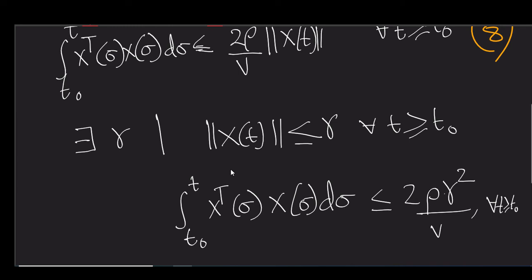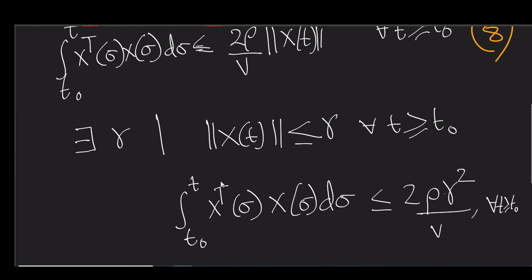Now what we need to show, as we are trying to do this proof by contradiction, is that the state equation is not uniformly stable if we prove that xt is unbounded. In order to prove that unboundedness by contradiction, we take a finite gamma such that xt is less than or equal to gamma for all t greater than or equal to t naught.